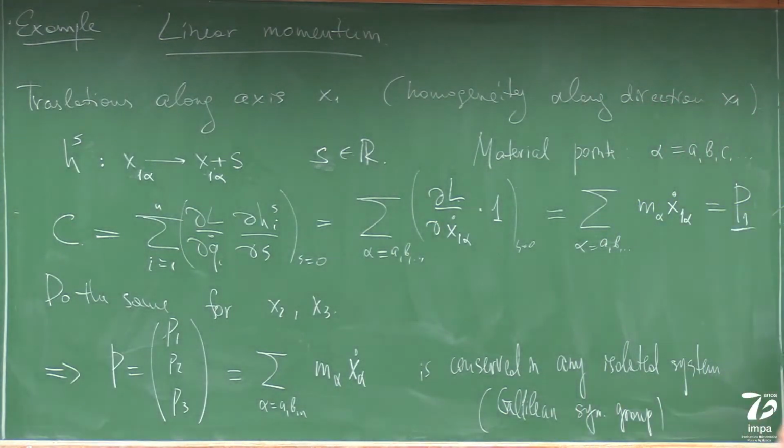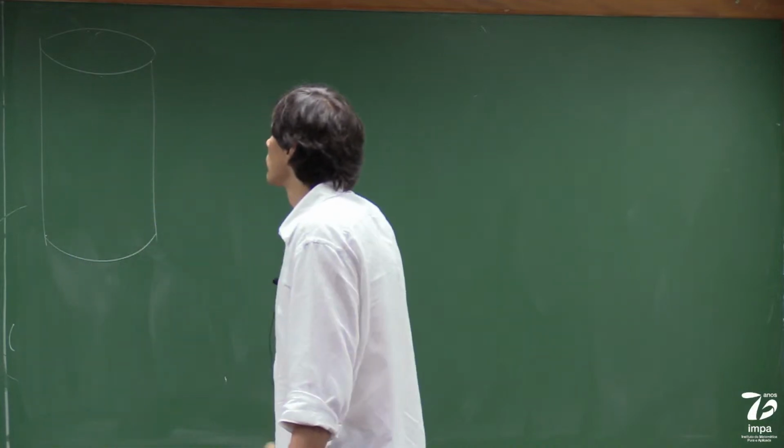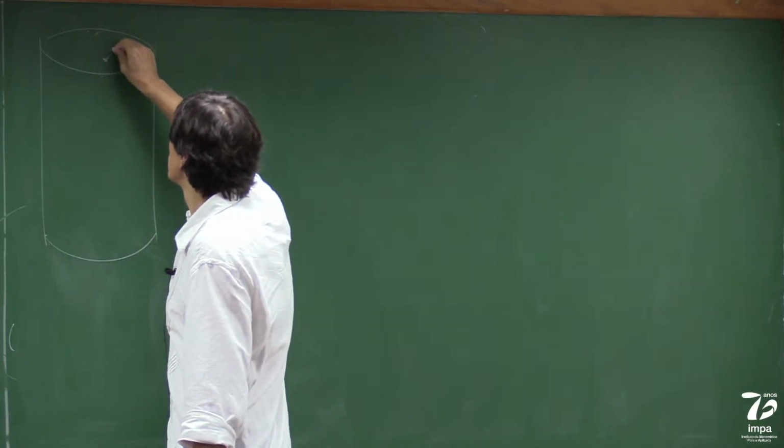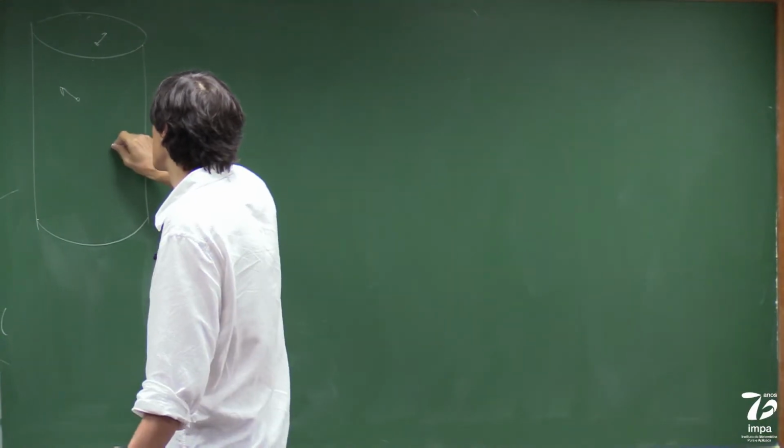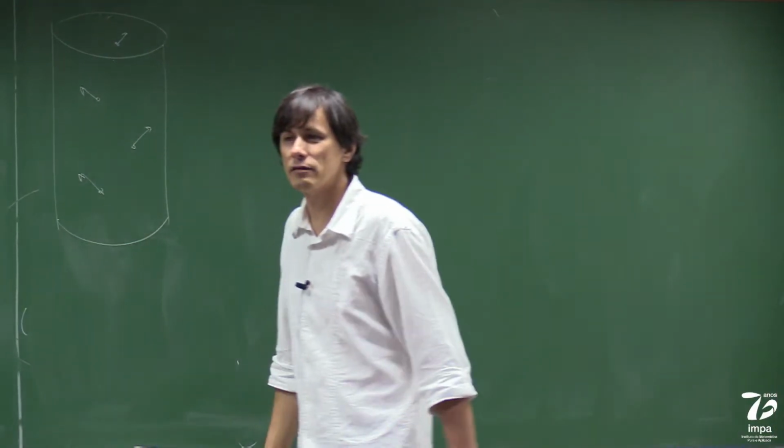And this can become a bit more general. This can apply to systems which are not isolated anymore. For example, a very typical example: you can consider an infinite tube with free particles, which just move inside.